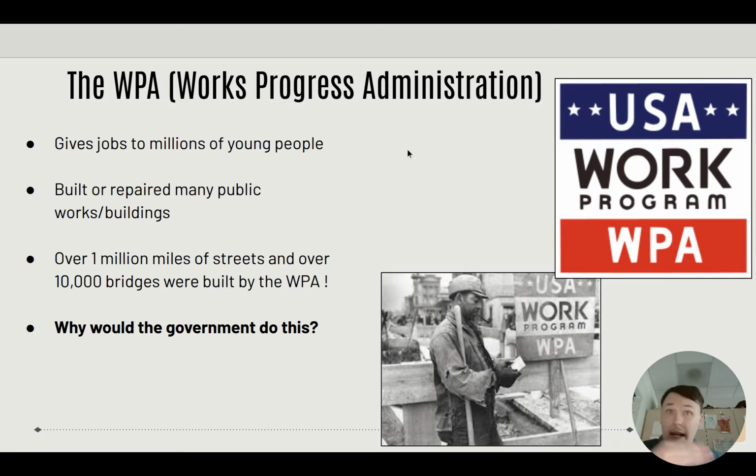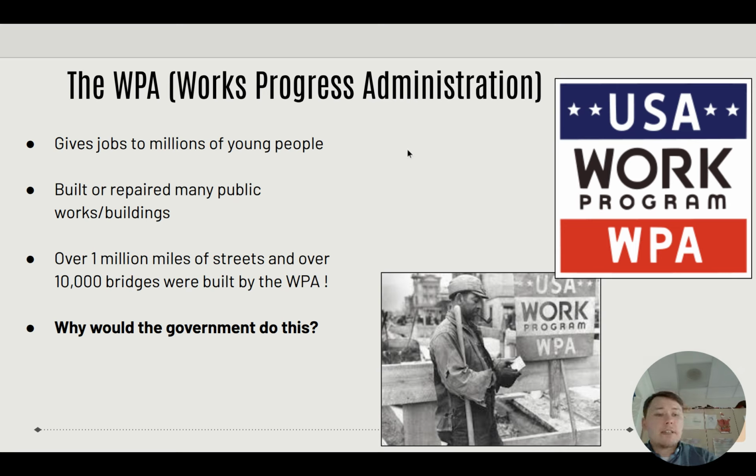They are getting a paycheck. They are getting fed. They're getting clothed, and they're getting housing. So it's almost like the military in a way, where you're getting all your basic necessities provided for you by the government in exchange for your services, and they'll send you wherever they want to send you.